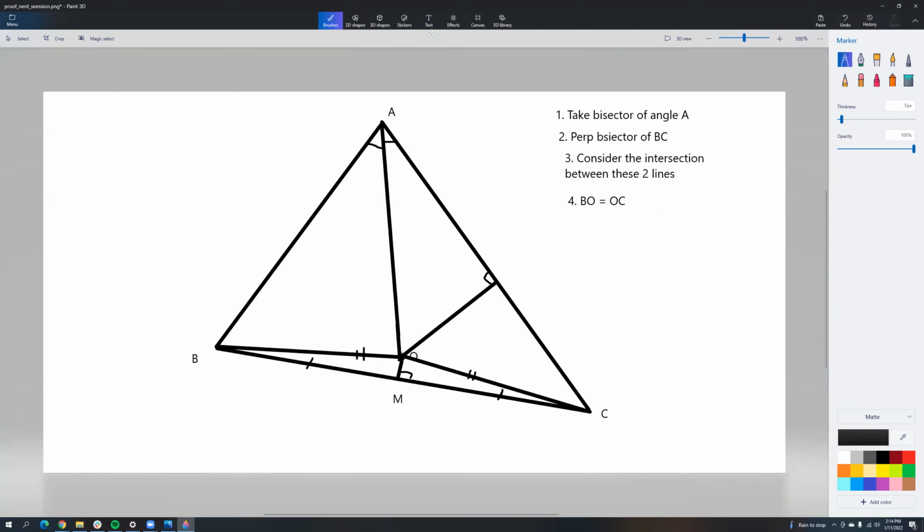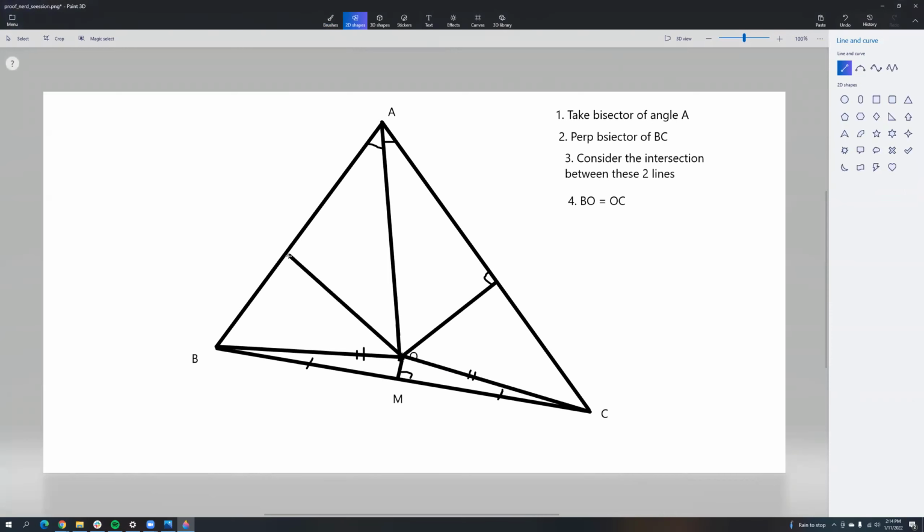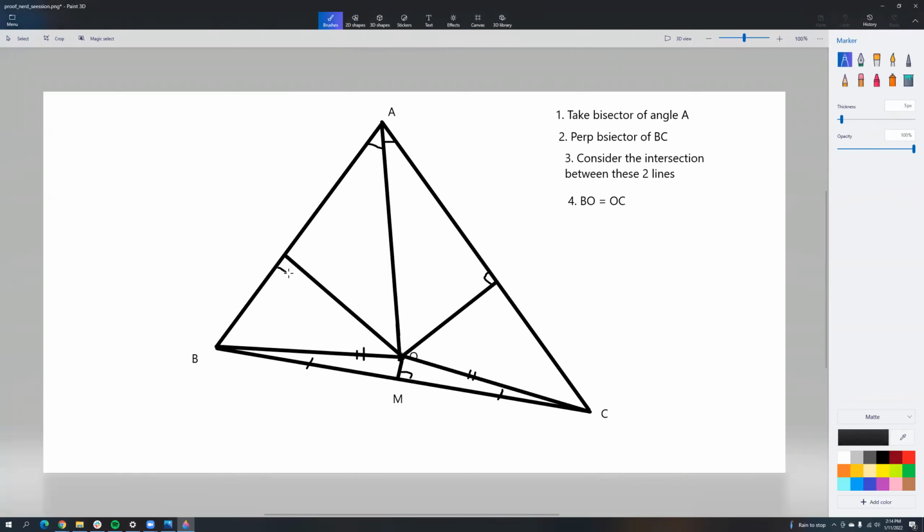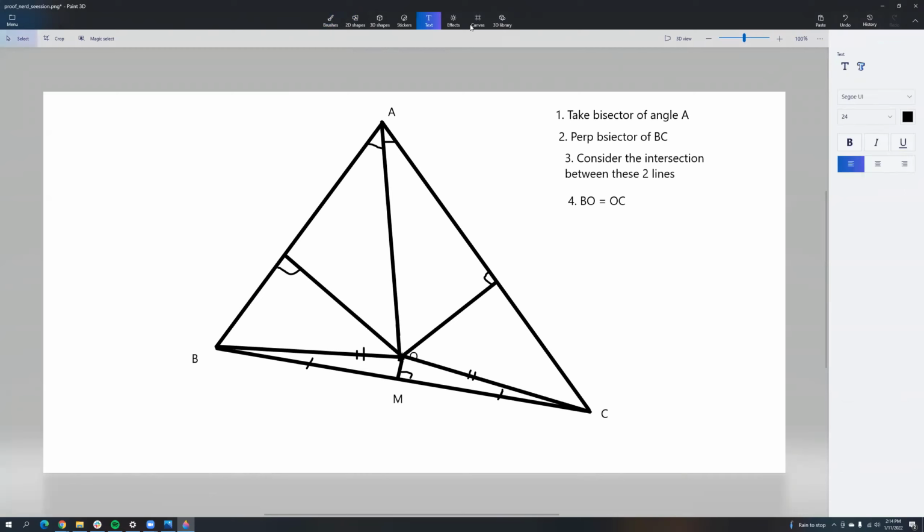And let's do the same for AB. It seems about right, I guess. Again, mark it as 90 degrees. And of course, let's write the steps here: take perpendiculars from O to AB and AC. Let's put an X here and a Y here, just so that all the points are denoted. So what do we do now?